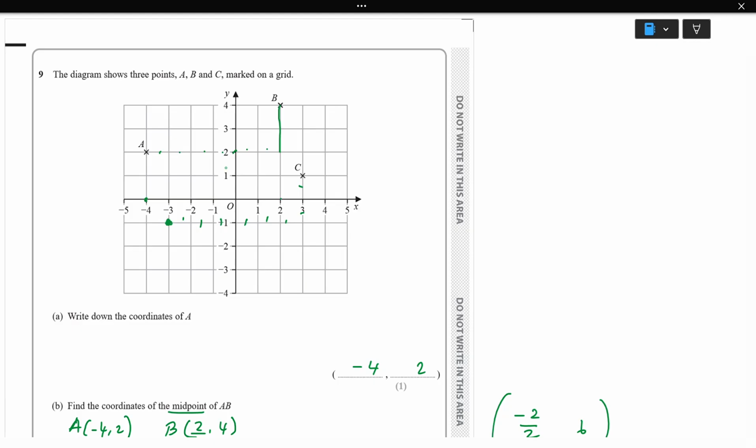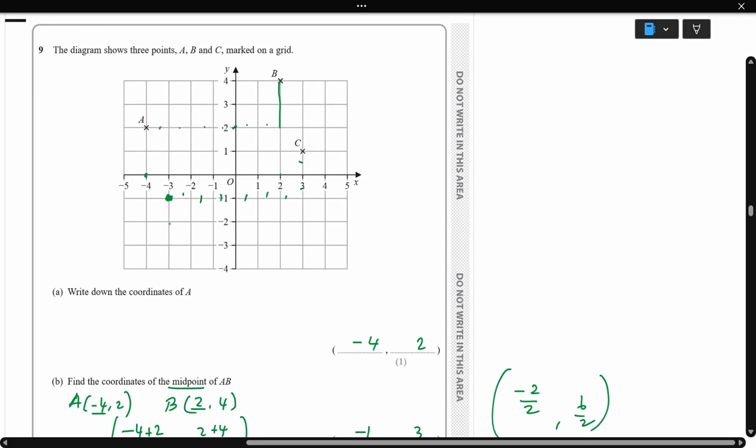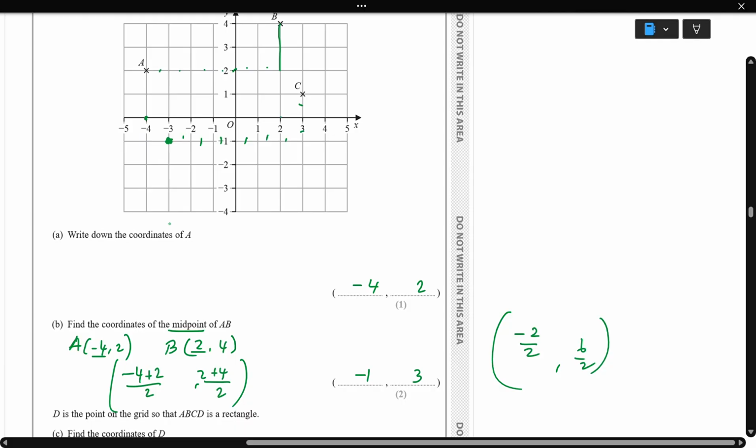So this is going to be a rectangle now. So I checked from B to A, the transformation like 2 down and 6 left. The same thing I go for from C, 2 down and 6 left. So I reached here, which is x is -3 and y is -1.